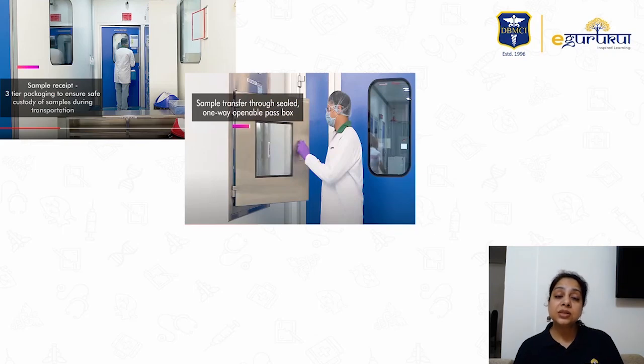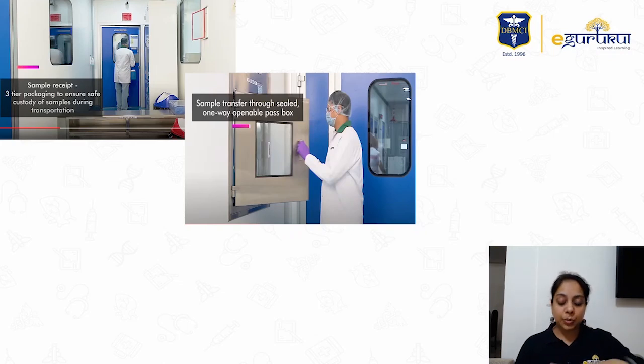Then the sample is transferred into the lab via this one-way openable pass box. In the pharmaceutical factories or the testing laboratories, this is a kind of window which is called a pass box. It can be a static pass box, it can be a dynamic pass box. This is a static pass box. It opens from one side and this person leaves the sample in the window.